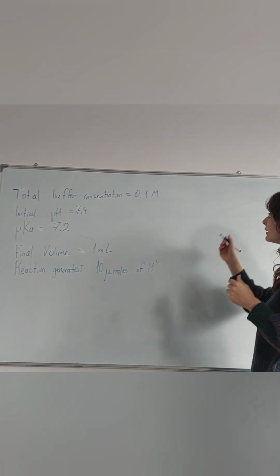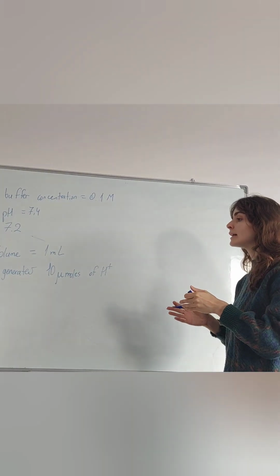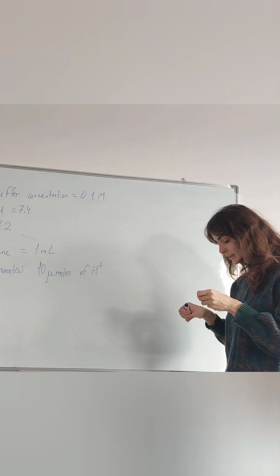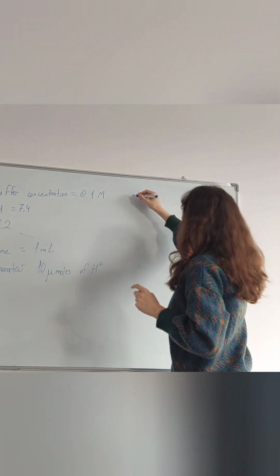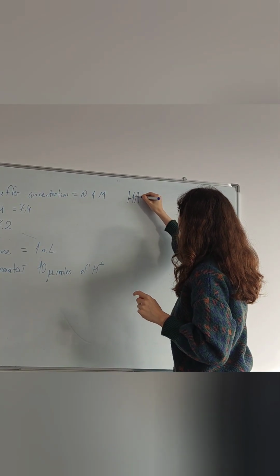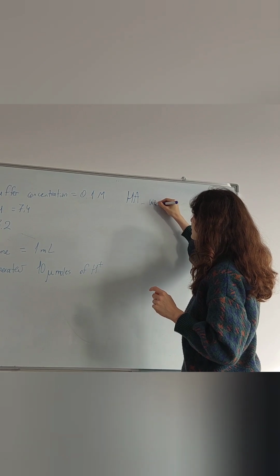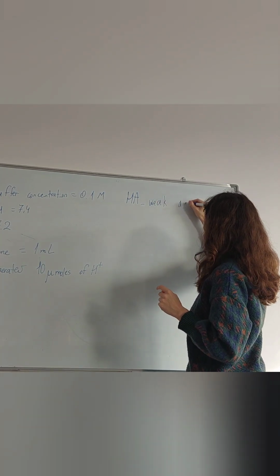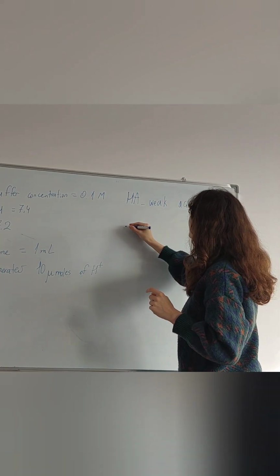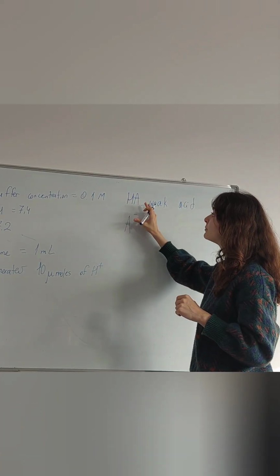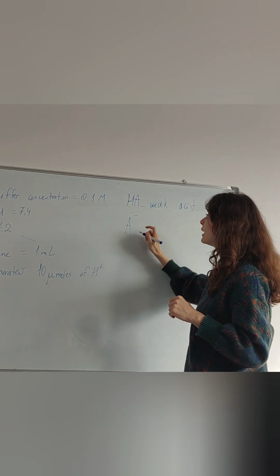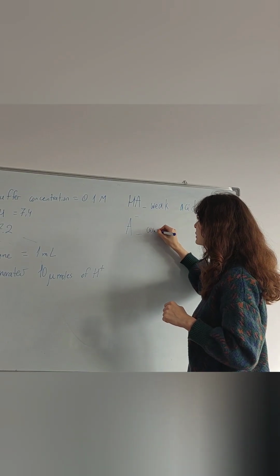So the next thing that we need to state is that in a buffer solution like this, there are two types of molecules. One is HA, which is the weak acid, and the other is A minus, which is the HA but without the proton, its conjugate base.